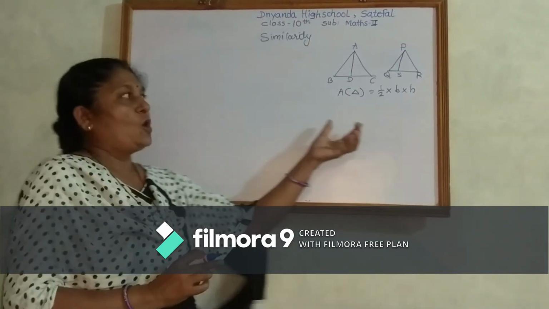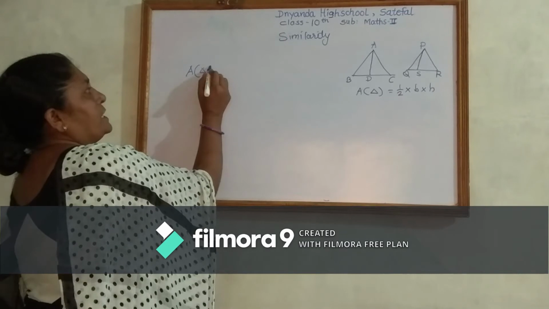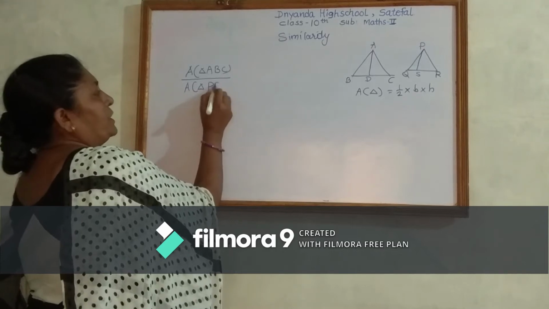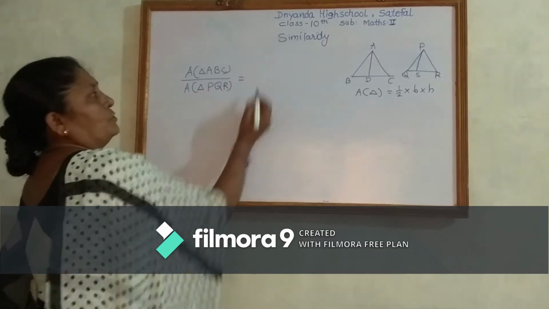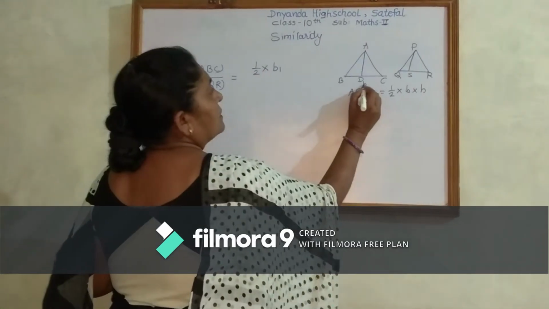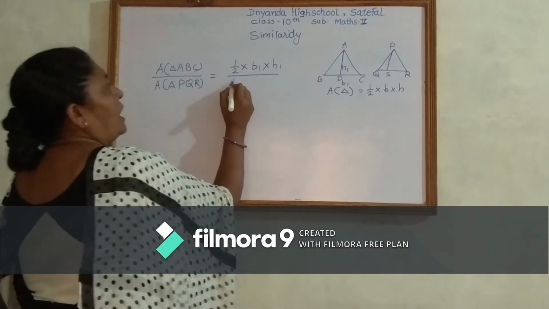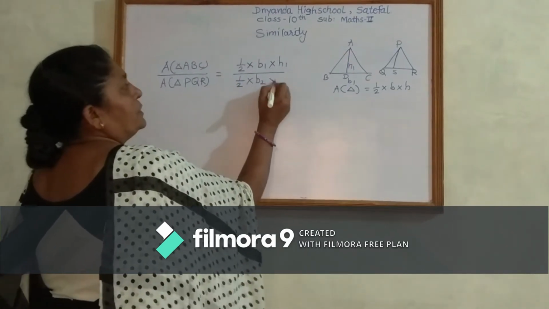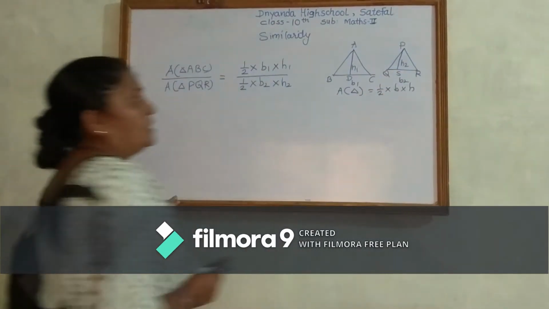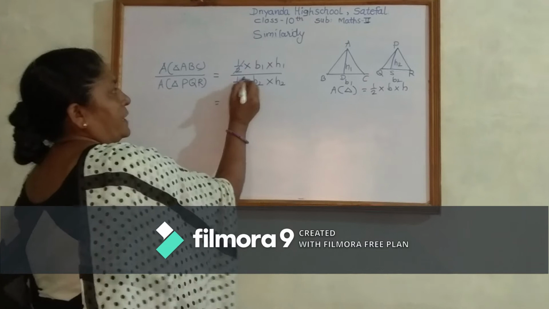Now the ratio of areas of the two triangles is area of triangle ABC divided by area of triangle PQR, equal to half into base B1 into height H1, divided by half into base B2 into height H2. The half gets cancelled.